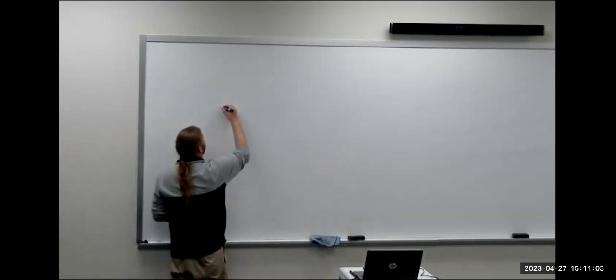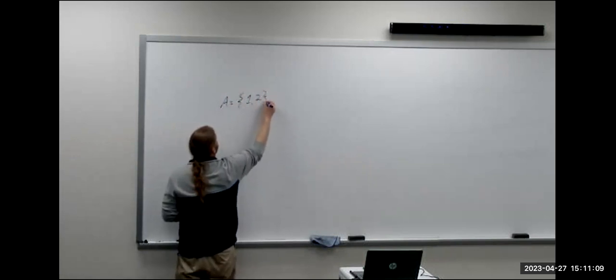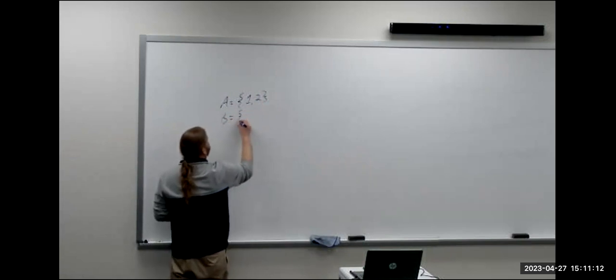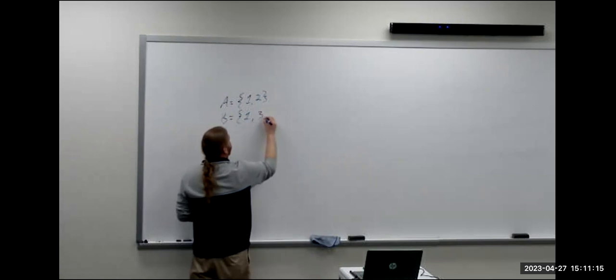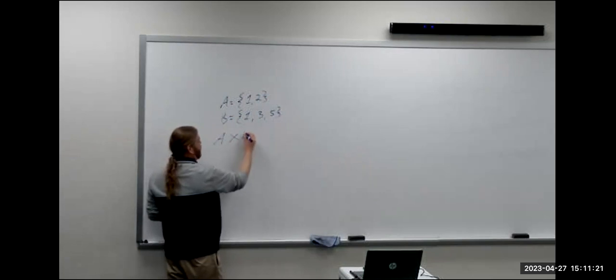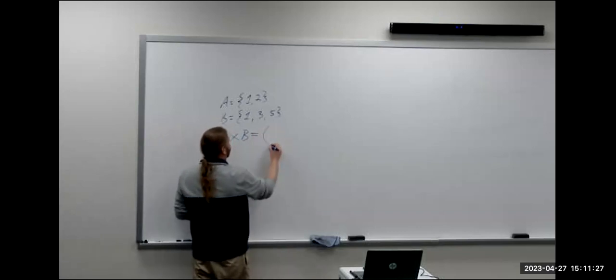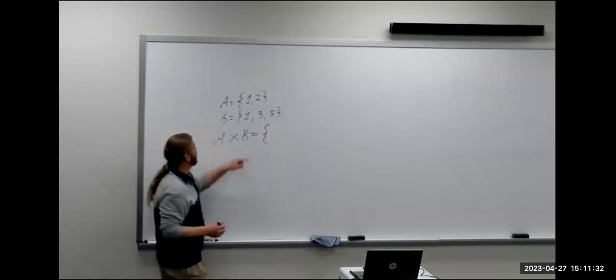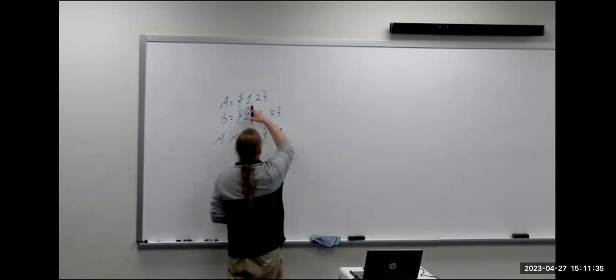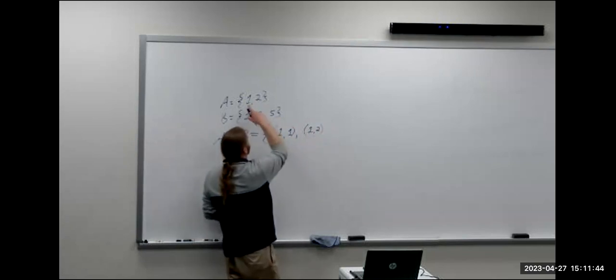So remember, if we have a couple sets, A maybe is the numbers 1 and 2, and B is 1, 3, and 5. Then our Cartesian product of A cross B is every combination we have of those, where the first element comes from A and the second element comes from B. So we could have a 1 with a 1, or a 1 with a 3, or a 1 with a 5.